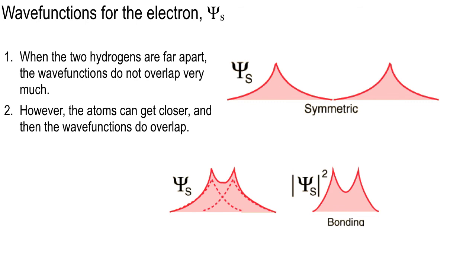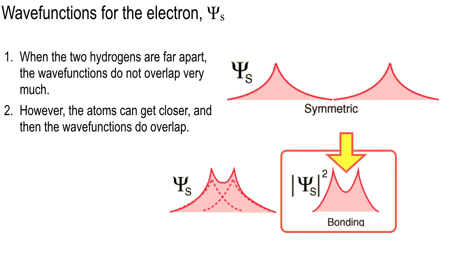And this is where the bonding happens, right here in the middle. Where that square is big, that's where you're going to tend to find the electron. It's a wave, so you can't localize it, but you can say to yourself, I have the best chance of finding it wherever the amplitude is high, and actually wherever the square of the amplitude is high.